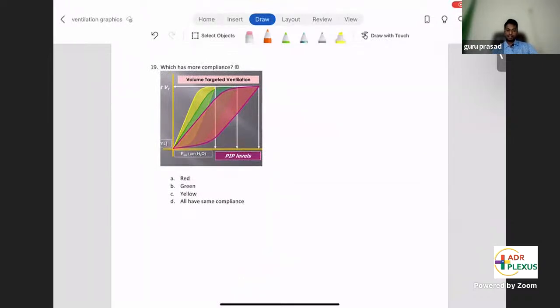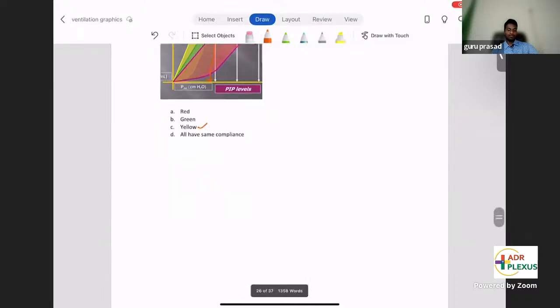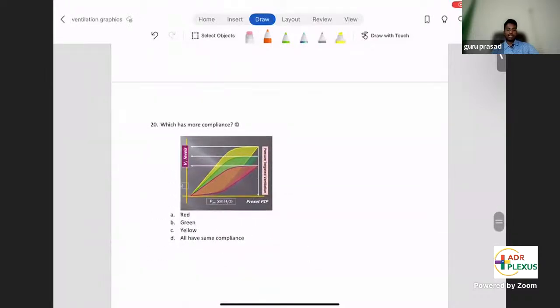Now, I have discussed this previously also. Out of this yellow, green, and red, which is having more compliance? Can anyone tell? Yes, yellow, because for the same volume, the pressure required is less in case of yellow. Okay. Same question in another way: which has more compliance?